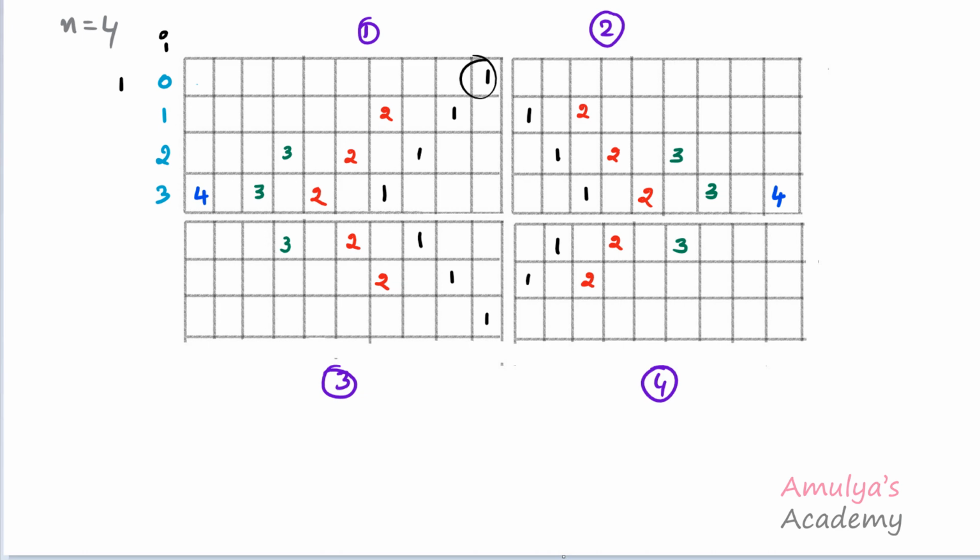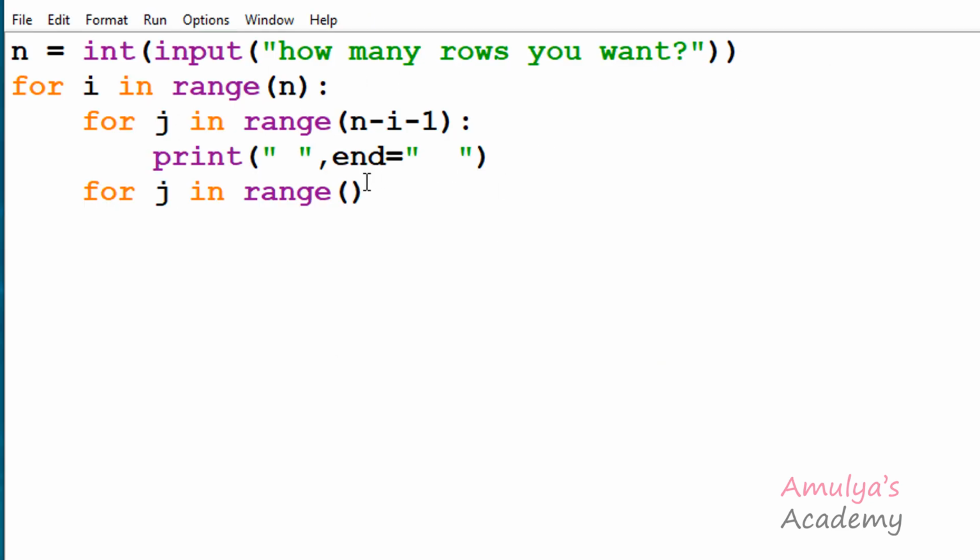At row 1, that is when i equal to 1, we want 2 values. When i equal to 2, that is row 2, we want 3 values. When i is 3 or the row is 3, we want 4 values. So that is nothing but i plus 1 value, right? If this is i, then we want i plus 1 values in each row. So here I'll take range as i plus 1.